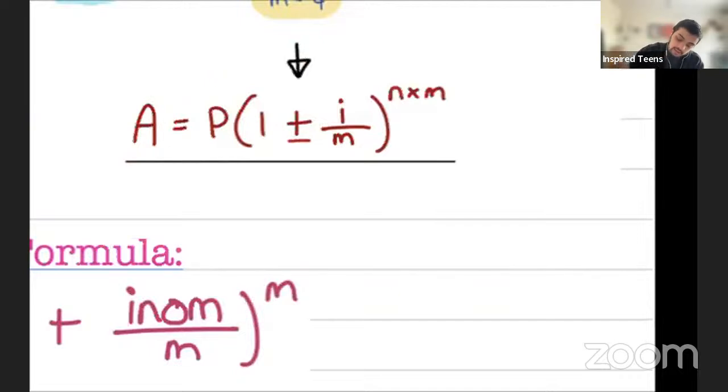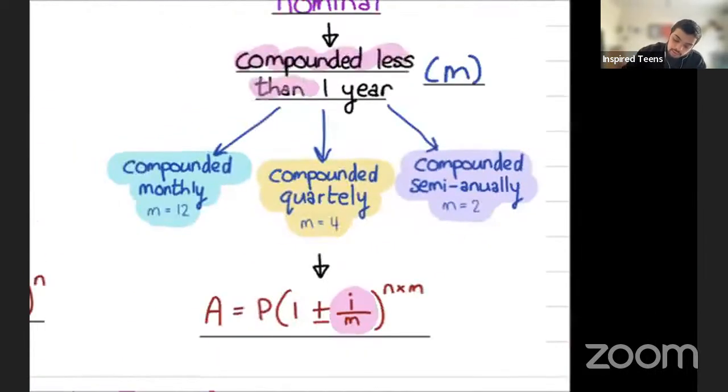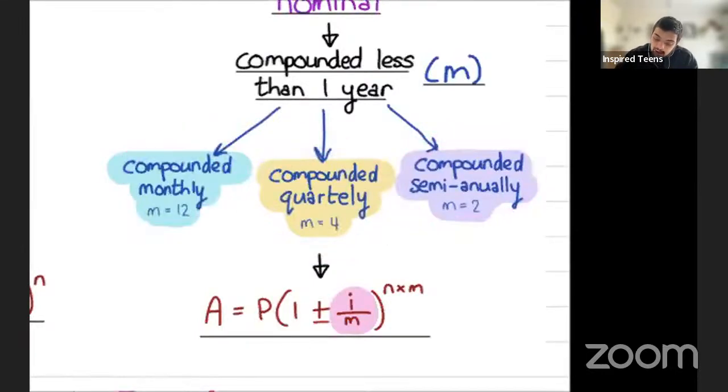In this case now, as you can see, we have to divide our interest rate by how often it's compounded, because now each interval where we compound is where they calculate interest. Each interval that compounds, for example quarterly, semi-annually, or monthly, is the time frame on which the interest rate is compounded.